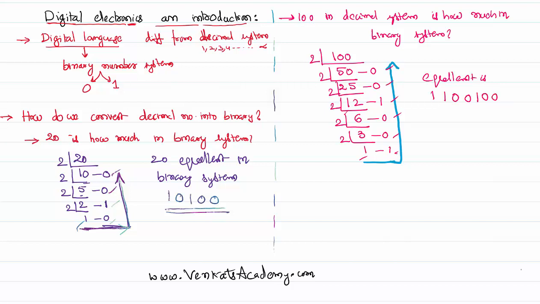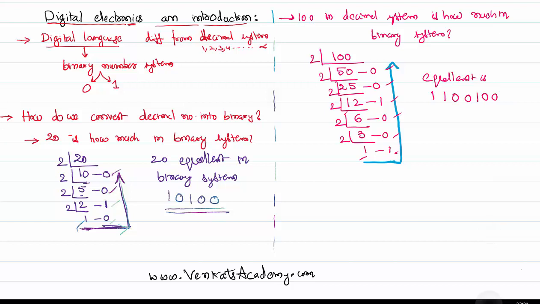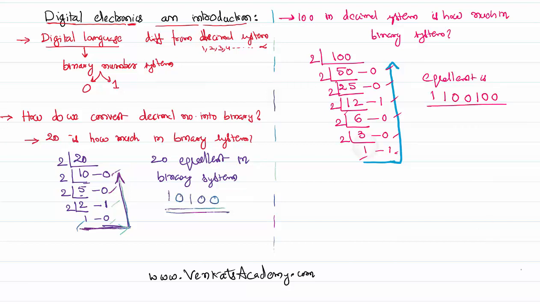So if you want to say 100 in the binary system, you have to say it this way, not this way. That's not 100 in the binary system, that's 100 in the decimal system. Whereas in the binary system, this is 100. So this is how we can convert any decimal number into the binary system.